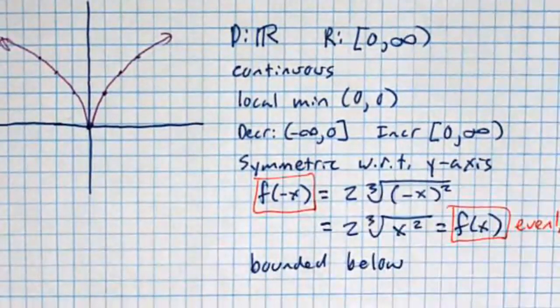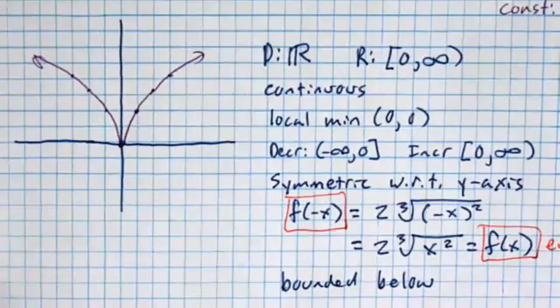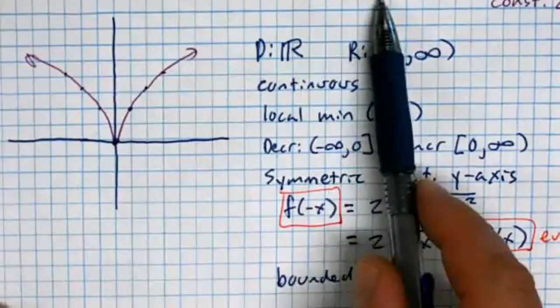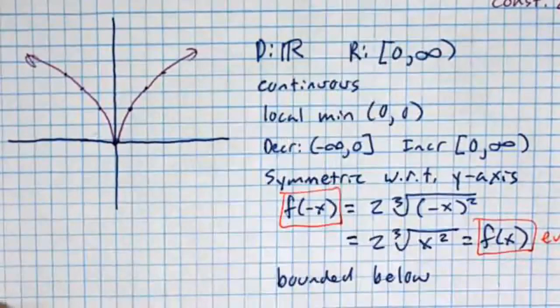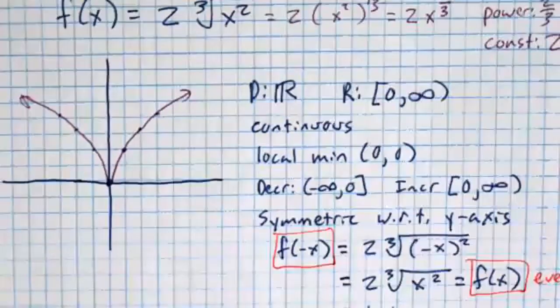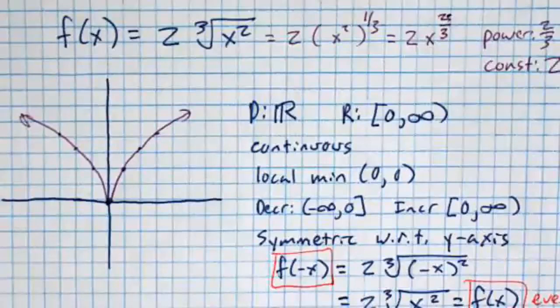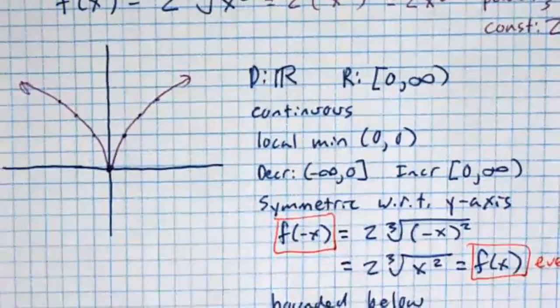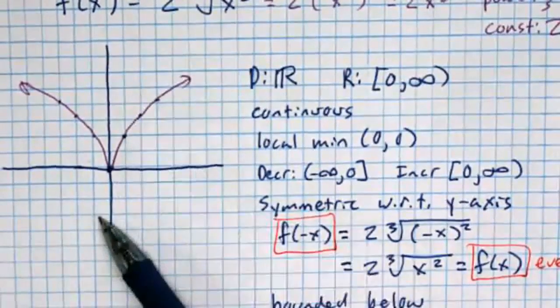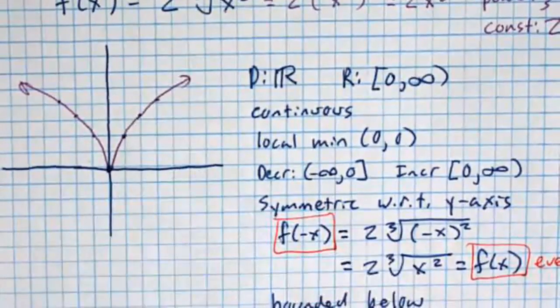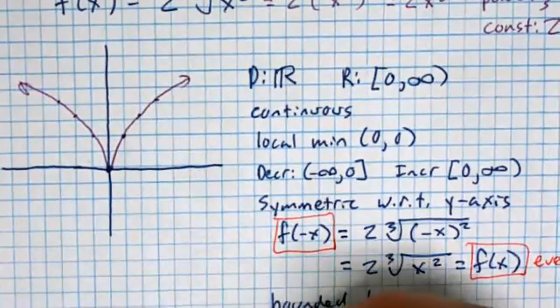Asymptotes. I don't think so. I think this is going to keep growing forever and ever. It's not going to level off to some specific value. There's no vertical asymptotes, so yeah, no asymptotes.